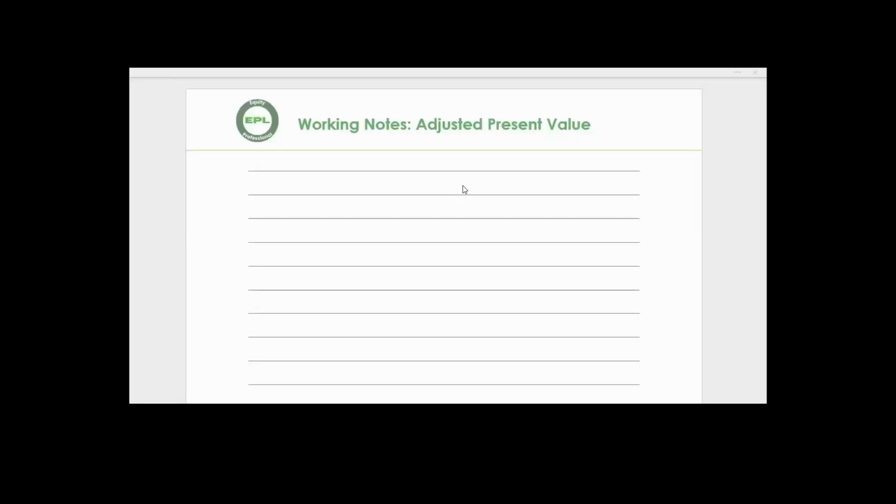So when you want to calculate adjusted present value, like I said, there are 4 procedures you are supposed to carry out. The first step of calculating APV is to calculate base case NPV. Step 2, calculate present value of financing effects.